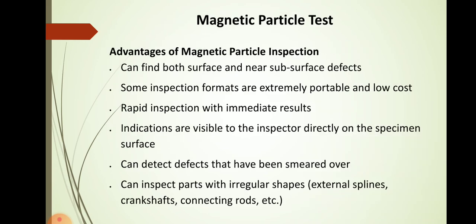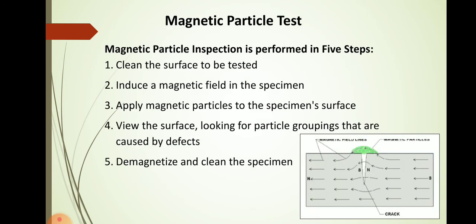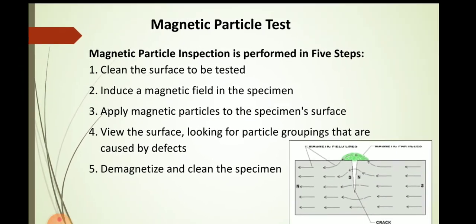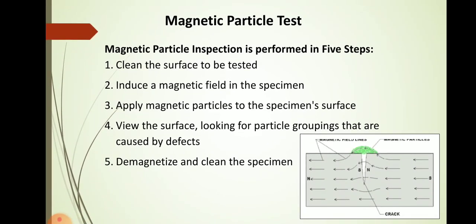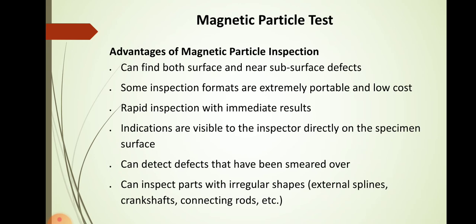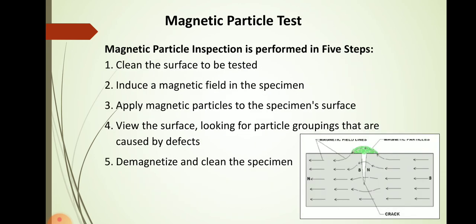The advantages of this test: we can find both surface and near subsurface defects. Here only the surface crack is shown. If the crack is inside the surface, then also it can be detected, but it should not be too deep. Only near subsurface defects can be detected by this method, because the magnetic field lines are not exactly horizontal or parallel to each other wherever defects are there.